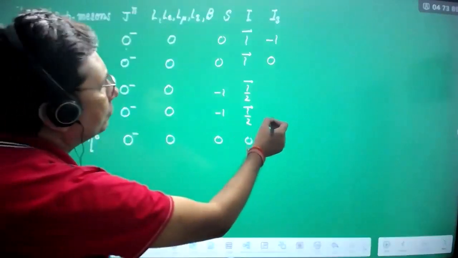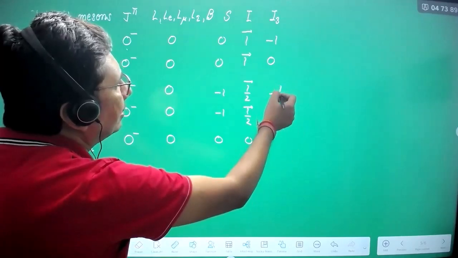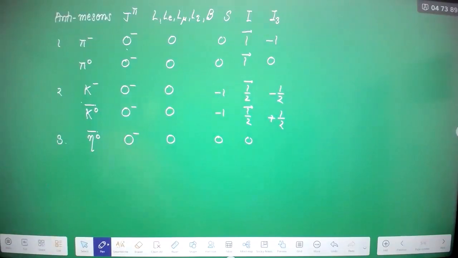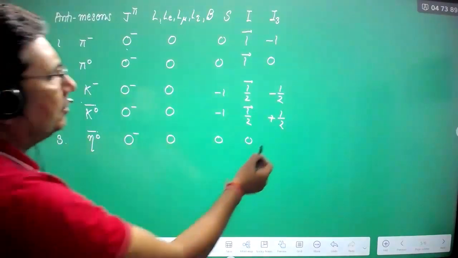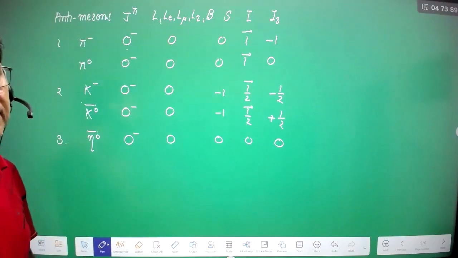So K naught is going to have plus half, and that is minus half. You can also consider that K plus has plus half, so K minus will have minus half. And this will be 0. So they are anti-mesons. I have written every number that will be required for solving questions. Every detail I am giving you at the same position. So these are anti-mesons. Next is baryons.